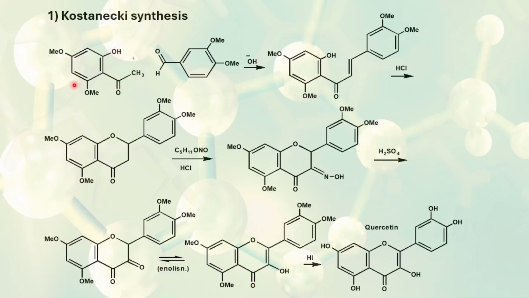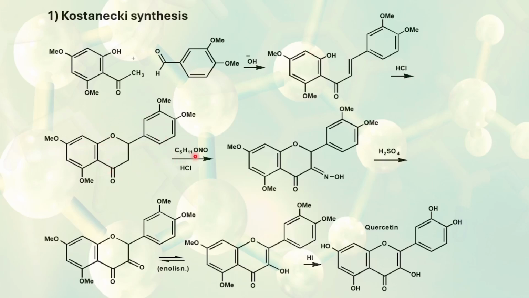Kostanecki synthesis. As you can see, a substituted acetophenone reacts with a dimethoxy-substituted benzaldehyde, and here is an unsaturation in the presence of a hydroxyl group. After the treatment with acid, there is a cyclization reaction.